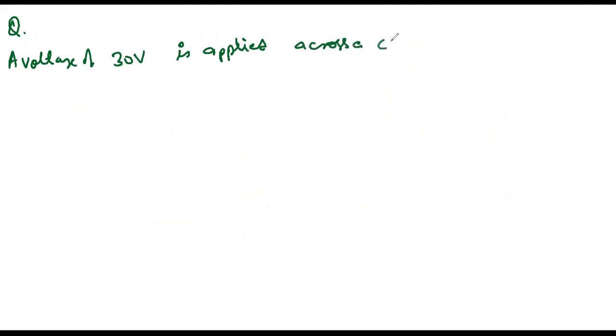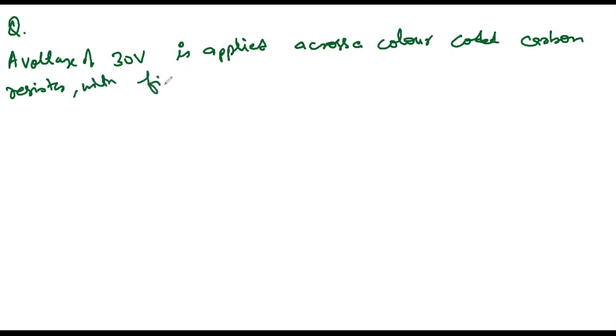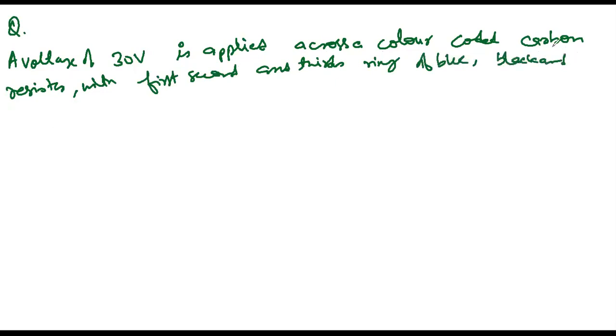Next question. A voltage of 30 volt is applied across a color coded carbon resistor with first, second, and third rings of blue, black, and yellow colors.